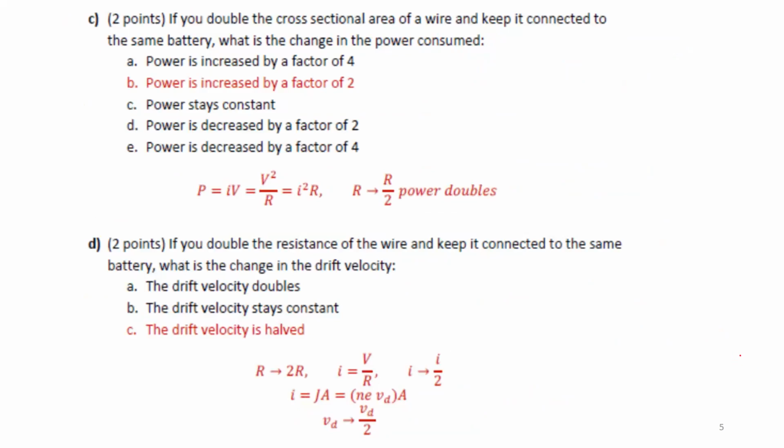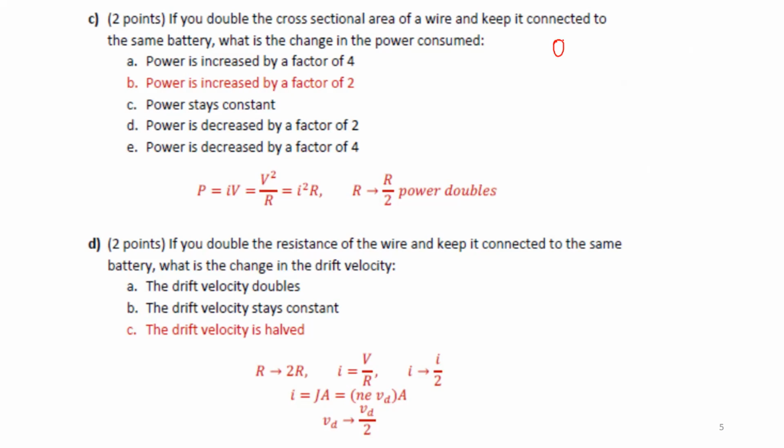Now let's look at this problem here, which is also straightforward. So if you double the cross-sectional area of a wire and keep it connected to the same battery, what's the change in power?